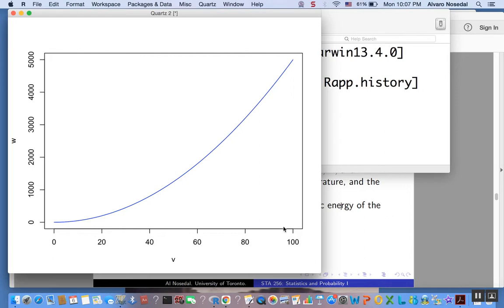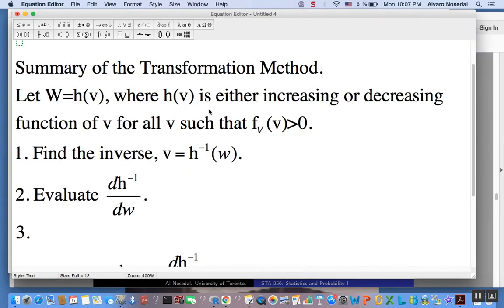Make sense? So that's the condition that you have to make sure is satisfied: that you check that for the non-zero part of your original PDF, this function h is either increasing or decreasing.